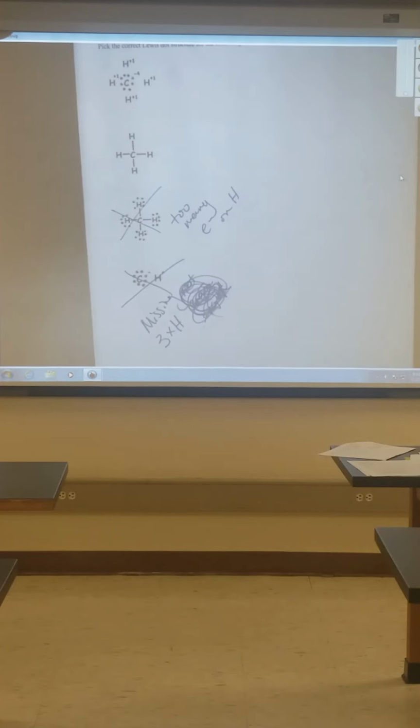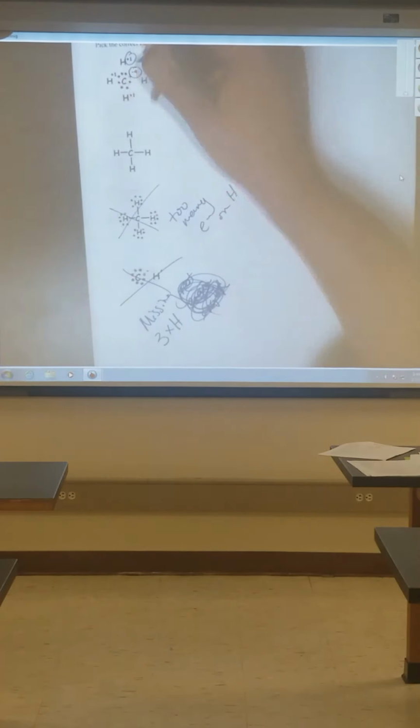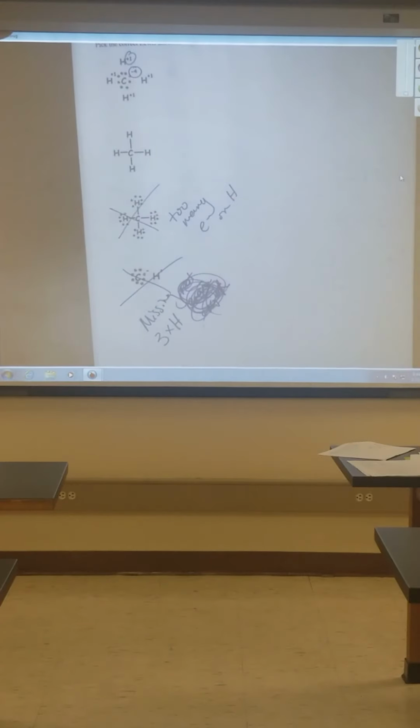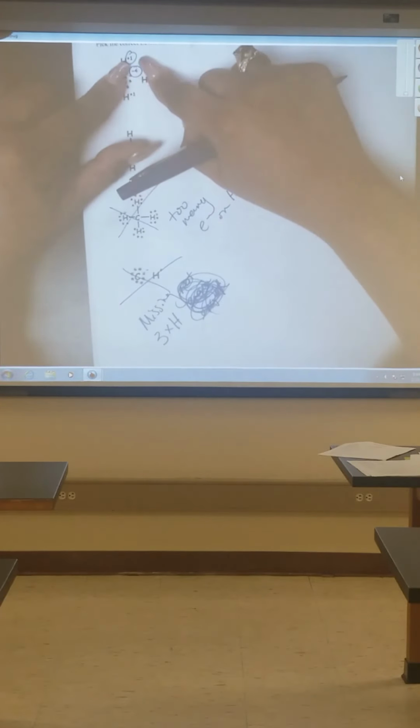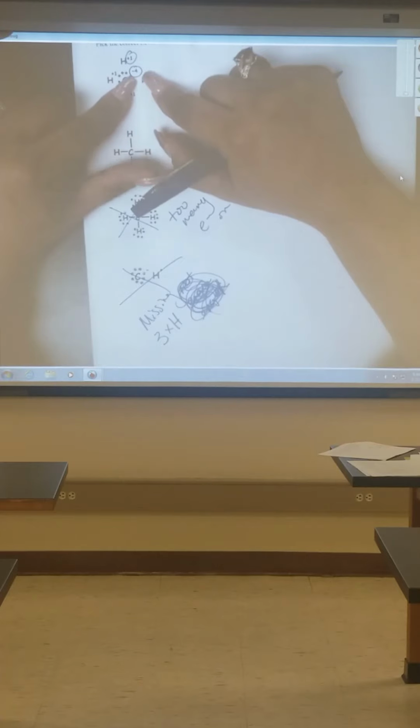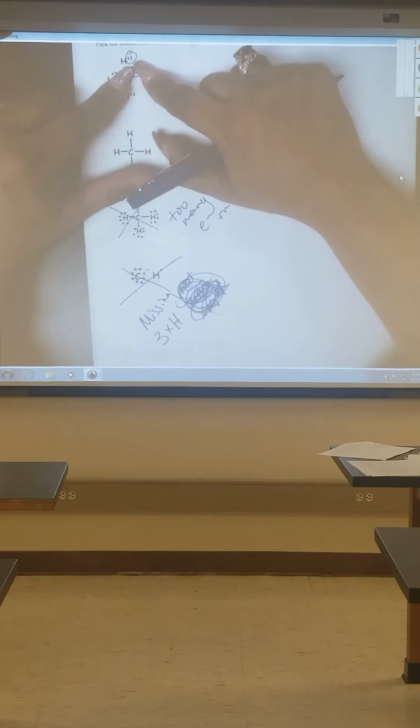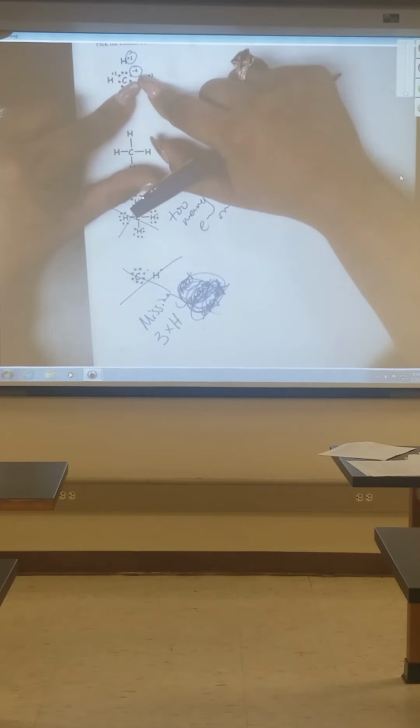And I don't know if I said this or not, and if I haven't, let's listen to it now, because you're gonna see some questions on the test that have the positive and the negatives. The positive and negatives indicate that they are donated and accepted. Meaning that +1 means they have an extra negative electron, and -4 means that they accepted an extra electron, they donated 4 electrons.